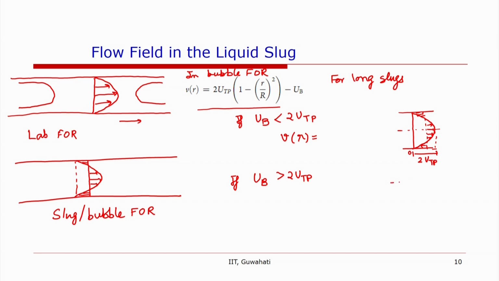In this case, because UB is more than 2 UTP, the negative value will be, everything will be moving in the negative direction, and one will not see any recirculations.